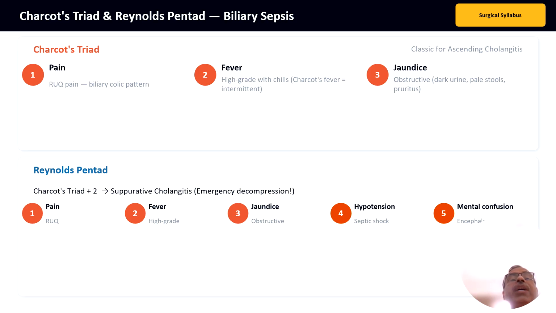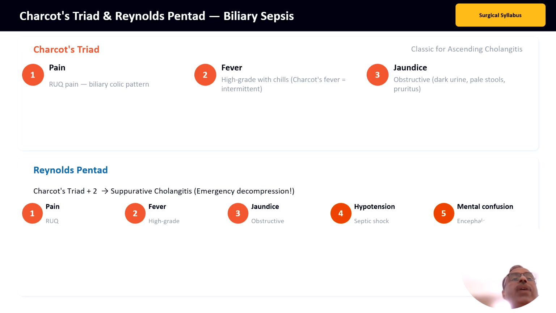This type of fever is generally known as Charcot's fever, which is generally an intermittent fever. And the third part of this triad is jaundice, basically an obstructive jaundice, where the patient has passage of dark colored urine, pale stools, and pruritus, all the classical symptoms of obstructive jaundice.